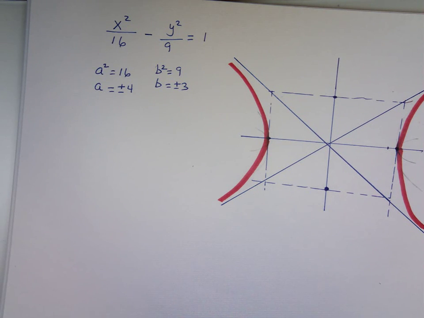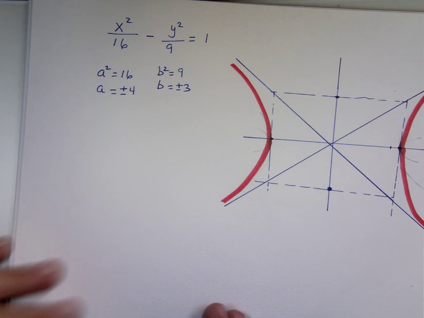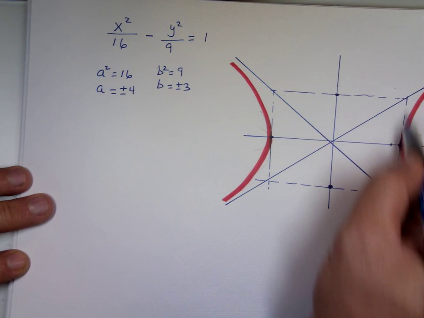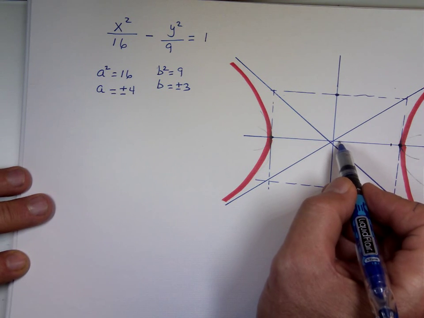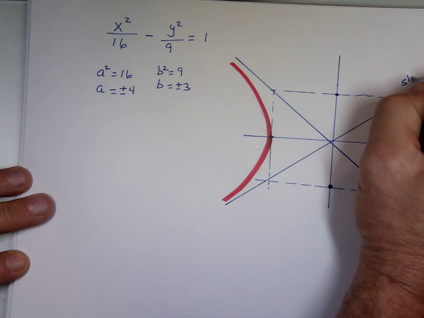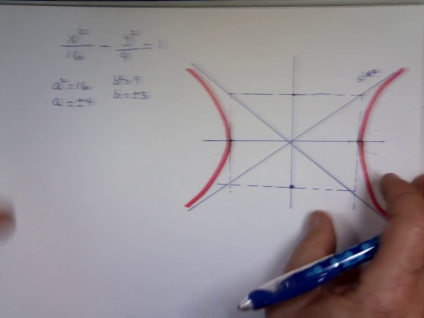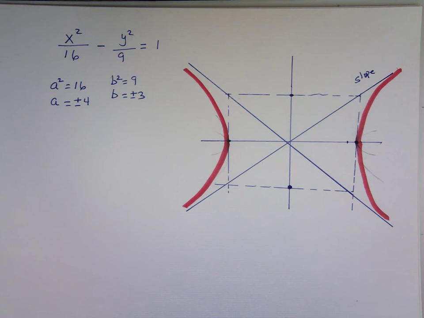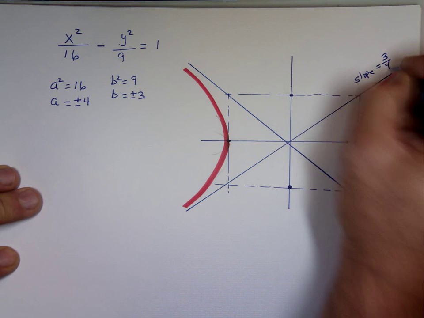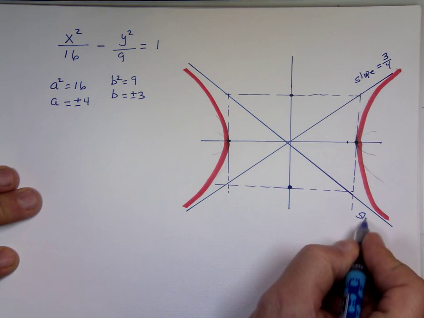So that's what B and A tell me, how tight the graph is going to be. Notice my slope here, that's the line, the slope is the rise, which is B, over the run, which is A. So for this, the slope is equal to what? 3 over 4.